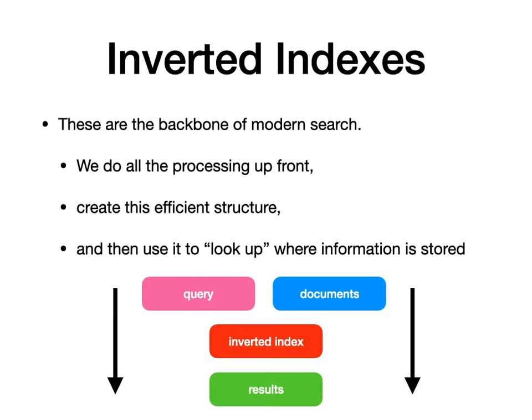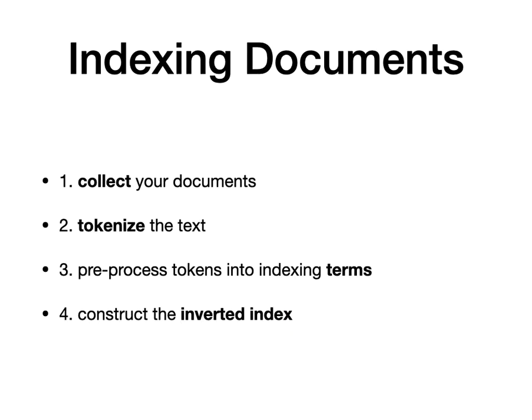So let's talk about the process of creating one of these indexes from your documents, from your collection. So the overall process, today we will focus on constructing the index, but we'll talk about the other steps too. If I'm going to index some collection of documents, I'm going to first need to gather those documents somehow, right? We don't just get that for free. We got to find what are we actually building this search structure for, right?